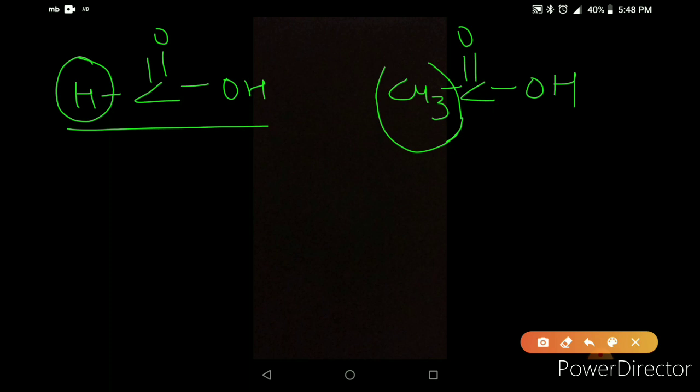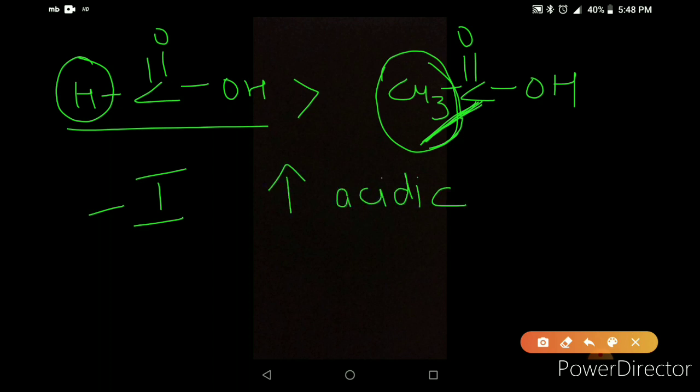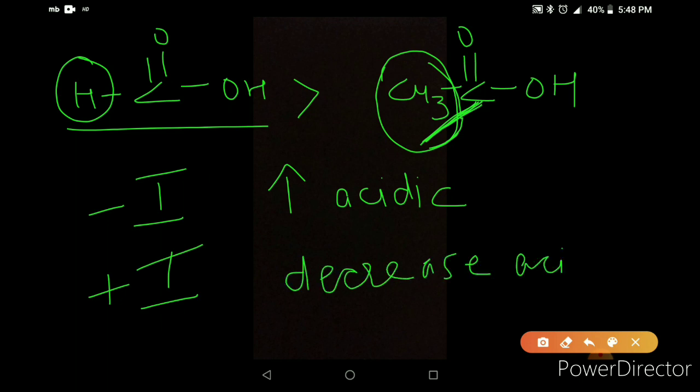H is neither plus I nor minus I, but this CH3 is plus I. So electron donating group will decrease acidic character. So formic acid is more acidic than acetic acid. So minus I will increase acidic character in carboxylic acid, and plus I will decrease acidic character in any carboxylic acid group.